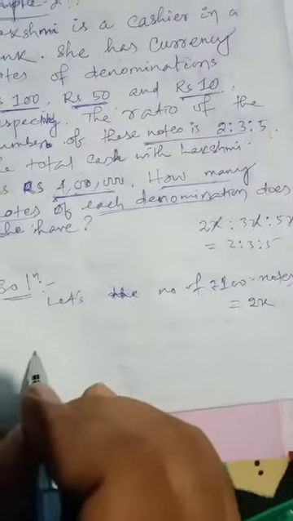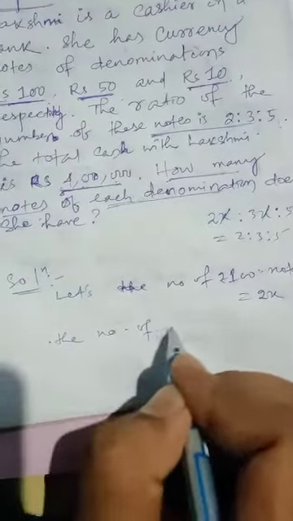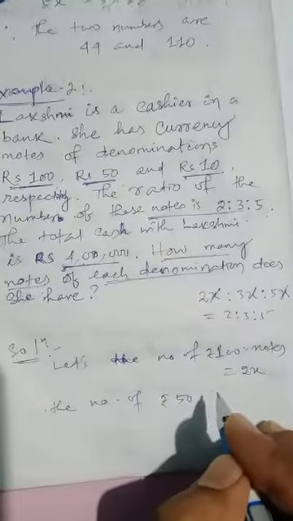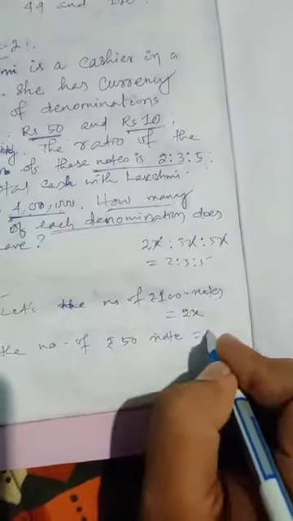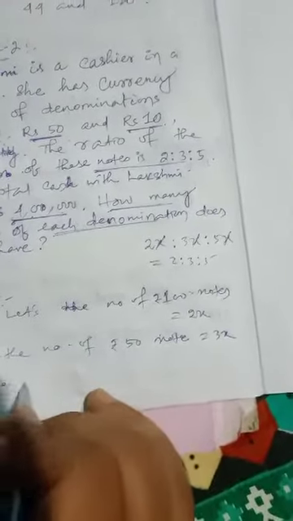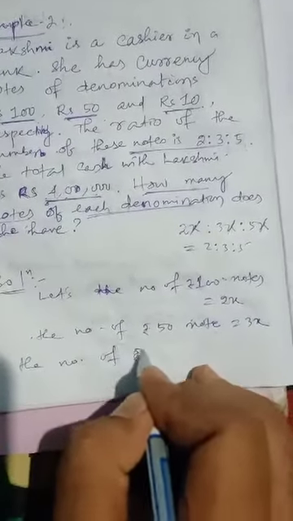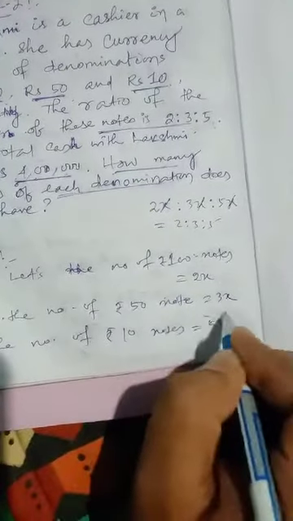Right now, next, the number of 50 rupee notes is equal to 3x, and finally the number of 10 rupee notes is equal to 5x.